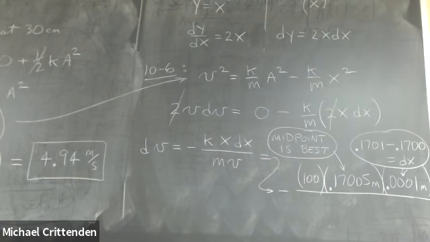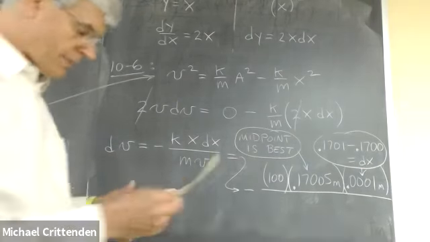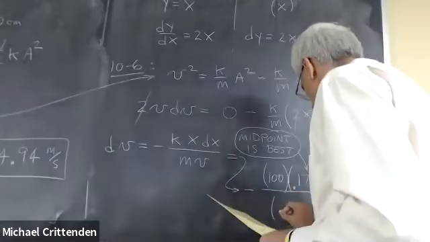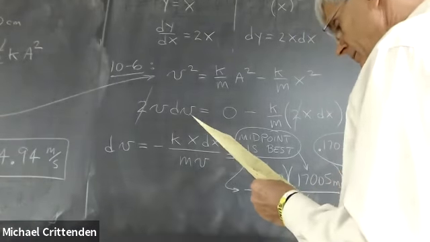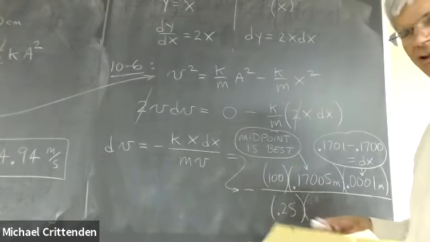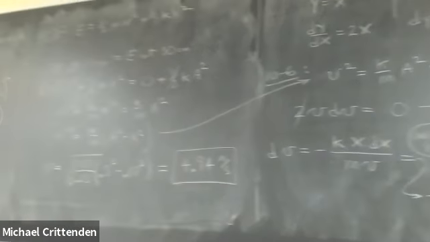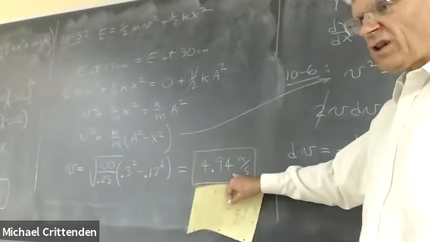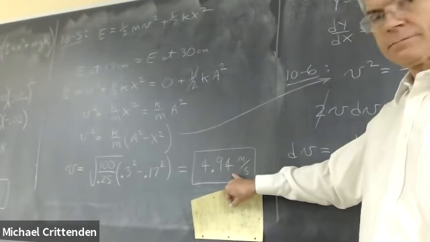Down on the bottom, the mass, 0.25. And the velocity, well, there again, it changes slightly, but not very much. We'll just stick in the answer from the previous question.